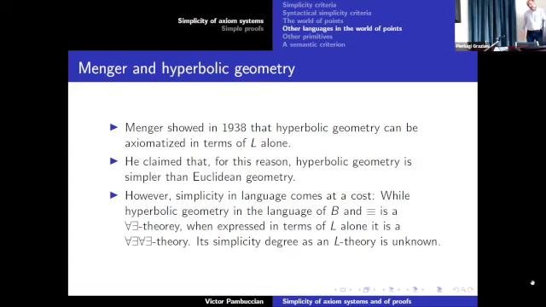So the traditional way it appeared was not as an incidence geometry, but rather as a geometry of betweenness and equidistance, if you want to put it anachronistically in that way. And as a theory of betweenness and equidistance, it is a universal existential theory. These are also called inductive theories, but that doesn't concern us now.